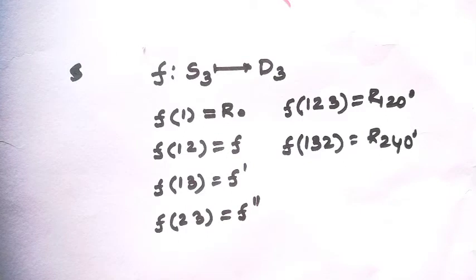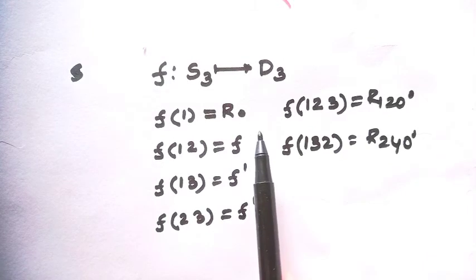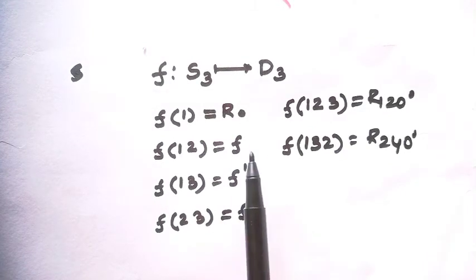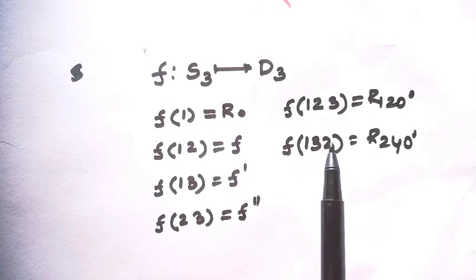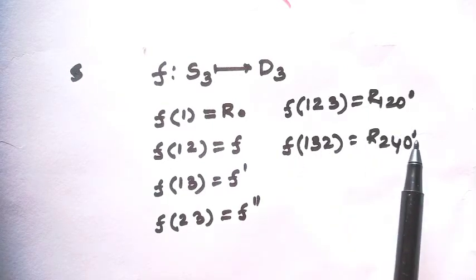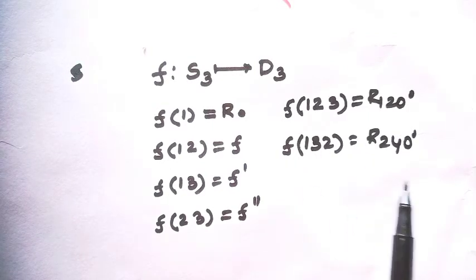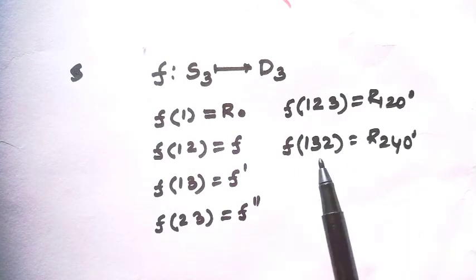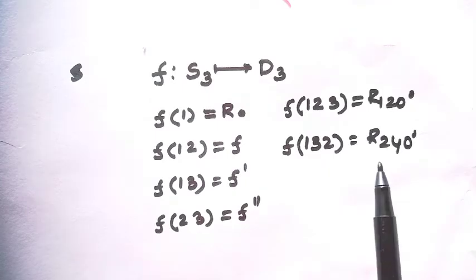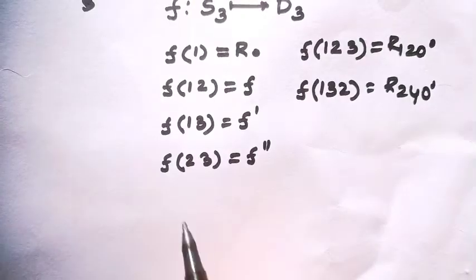Now create a mapping f from S3 to D3 such that f of 1 equals identity, f of (1 2) equals F, f of (1 3) equals F prime, f of (2 3) equals F double prime, f of (1 2 3) equals R120 degree and f of (1 3 2) equals R240 degree. And notice this is one-one onto both. Now check the homomorphism.